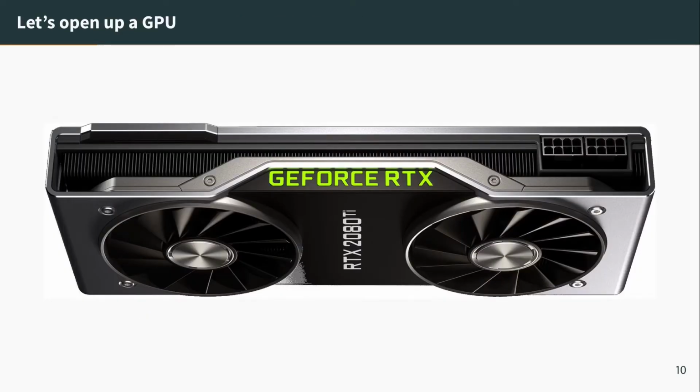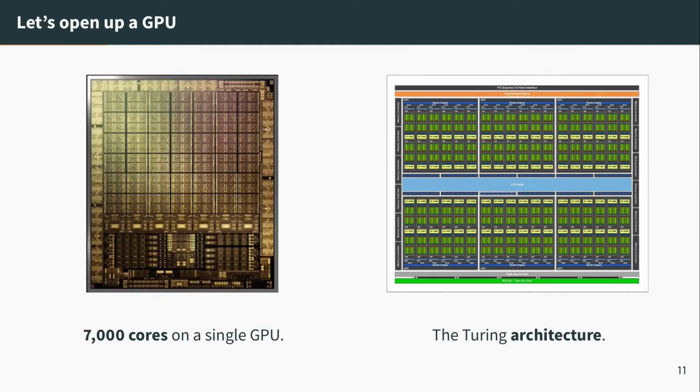So let's open a GPU, like typical GPU that I used during my PhD thesis, an RTX 2080. And if you open this and remove all the clutter, basically you see this kind of chip. So this is really the core chip on a GPU that contains like 7,000 cores here on this GPU.